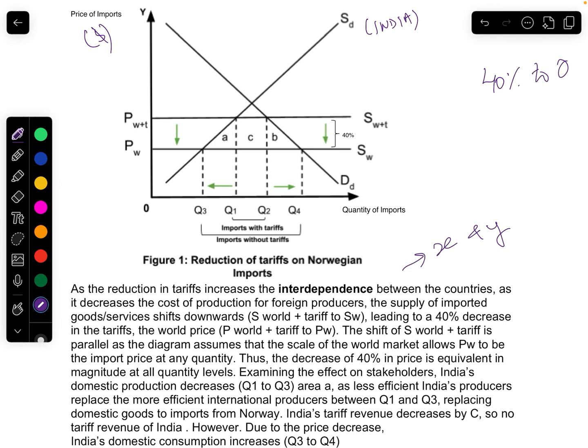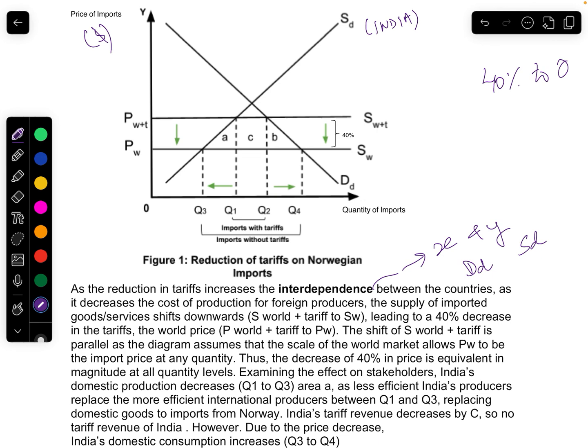So this should be the first line, ideally after the interdependence. Second, he should cover and talk about the domestic demand and supply, what it stands for. The downward sloping domestic demand shows the inverse relationship between price and quantity demanded.